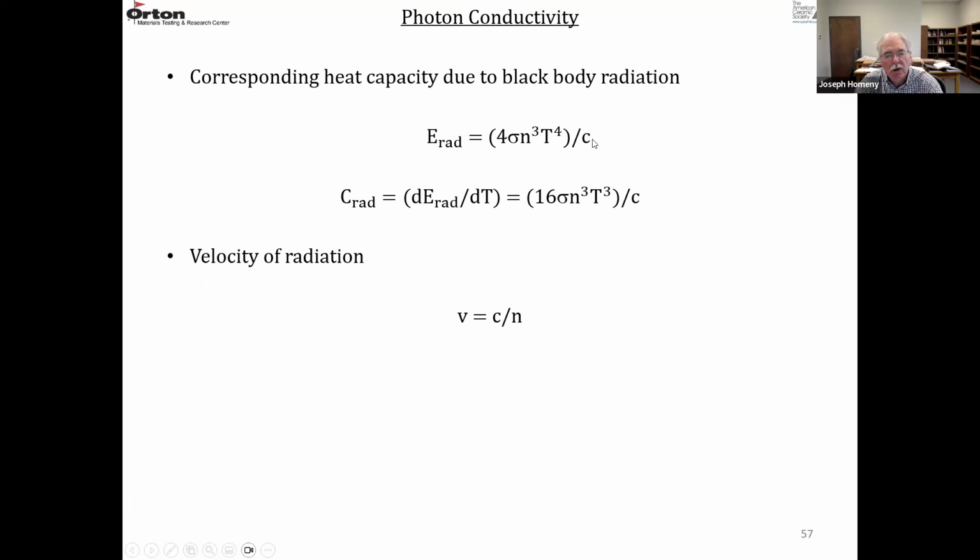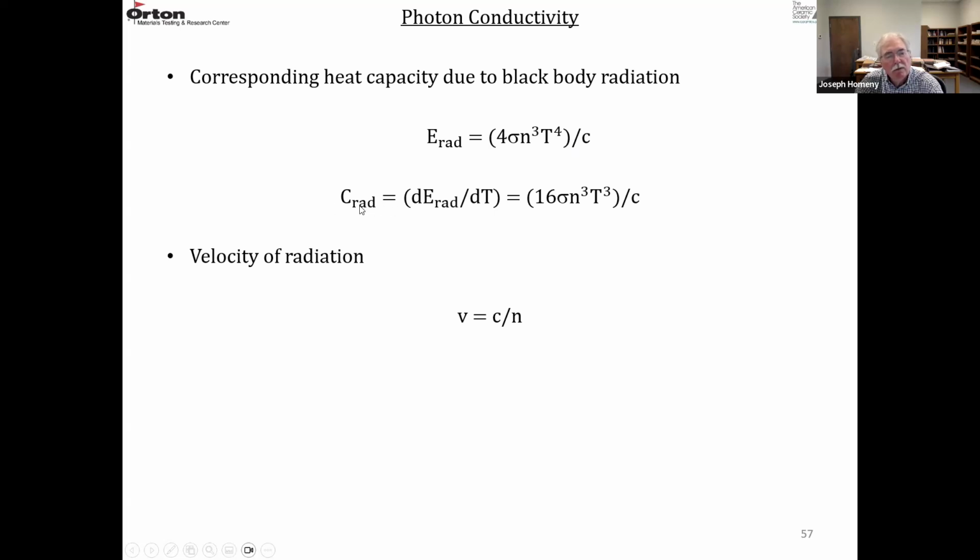So here's the equation I just showed. E radiation equals 4 sigma N cubed T to the 4th over C. Sigma is a constant, N is the refractive index, T is temperature, and C is another constant. So the derivative of E with respect to T is the heat capacity.